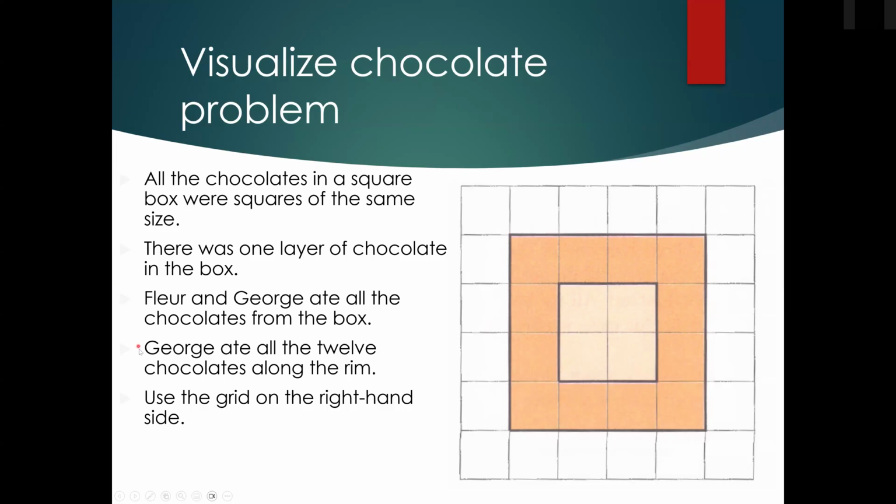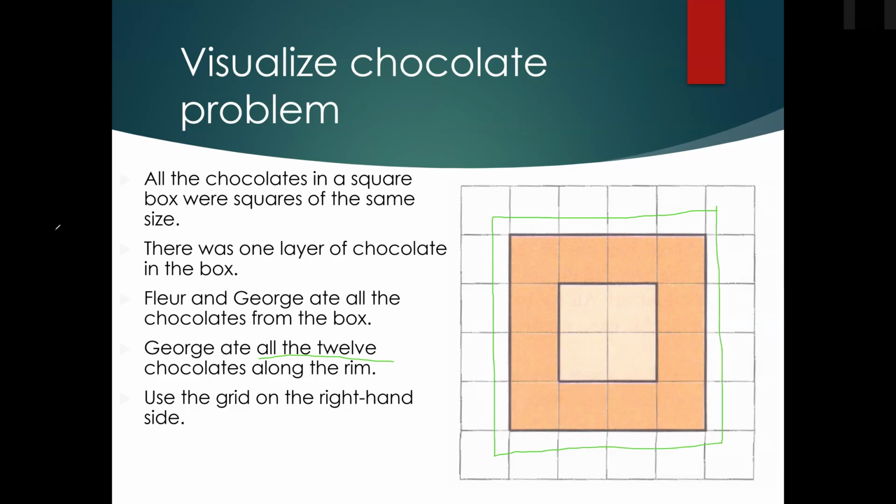Notice how George ate all 12 of the chocolates. The key phrase, all, means that the entire rim only has 12 squares. When we look at this diagram, we might think that this row here, that this line is going through, is the rim.